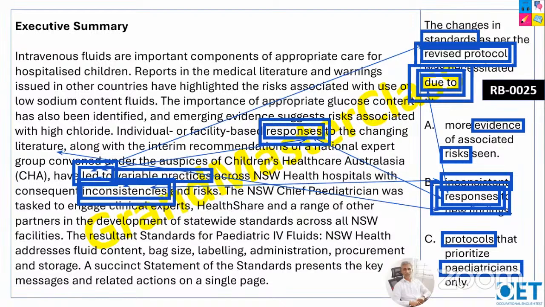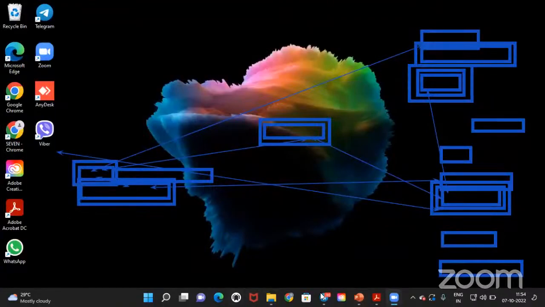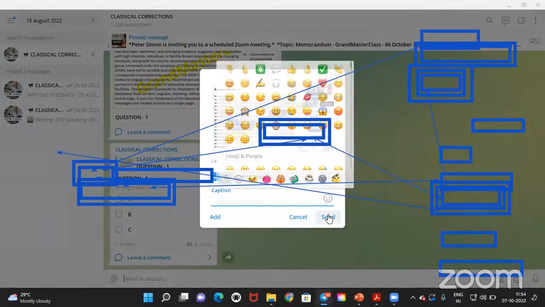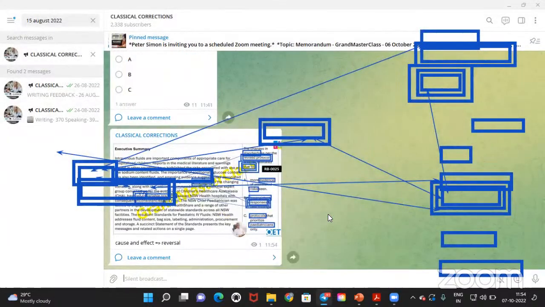Print screen. Cause and effect reversal. Okay.